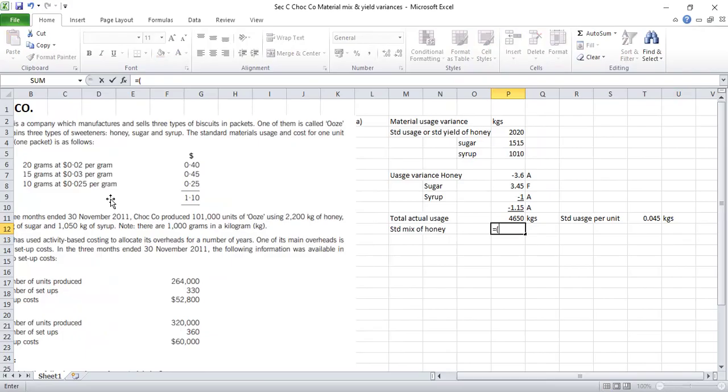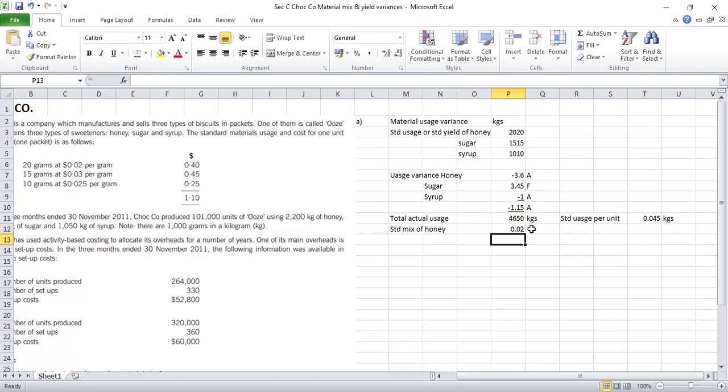Standard usage of honey, which is 20 grams, we can convert into kgs. So 20 divided by what? 20 divided by 1000.